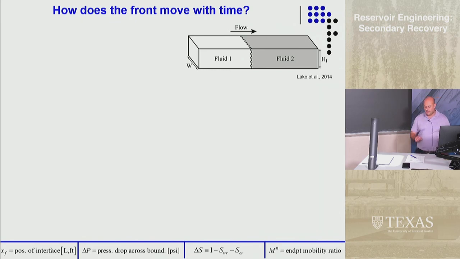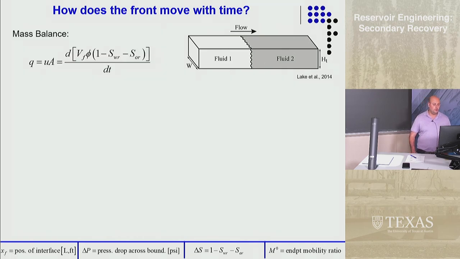Okay, so how does this front move with time? Right, the front is this position where fluid 1 is at an interface with fluid number 2, and how does that change? Well, we can figure that out through a mass balance. All this says is that the change in mass with time is going to be given by this rate.